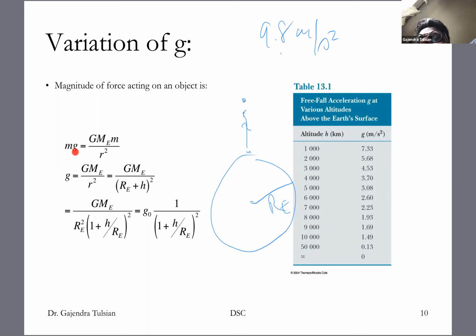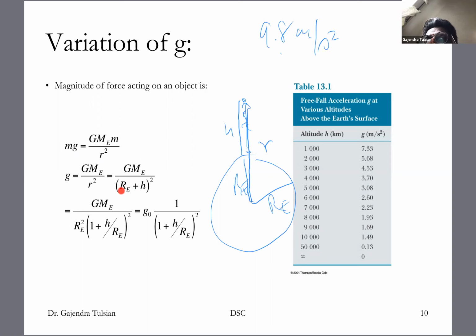Okay, so mg is GMm by r squared. r is this distance, and r can be written as the radius of the Earth plus the height above the Earth. So this is the radius of the Earth, and this is h.